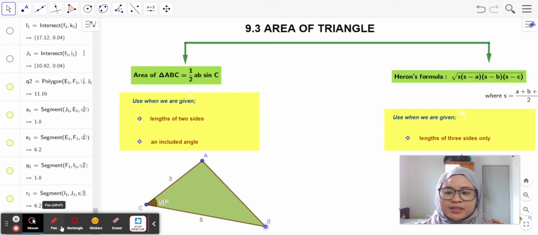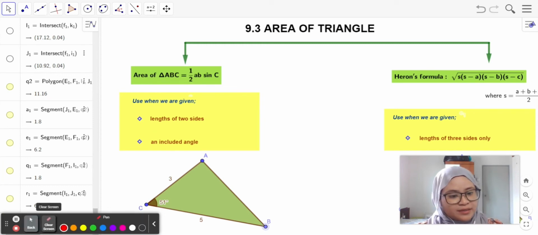As you can see, you can use the formula when we are given the lengths of two sides of the triangle, as well as the included angle. For example, on this triangle below here, you can see an angle as well as two sides of the triangle given with values, and then you can use this general formula.